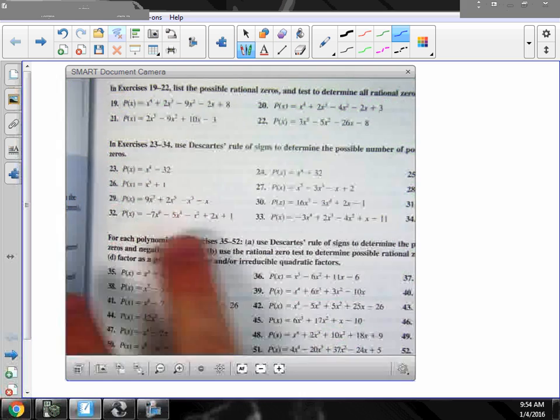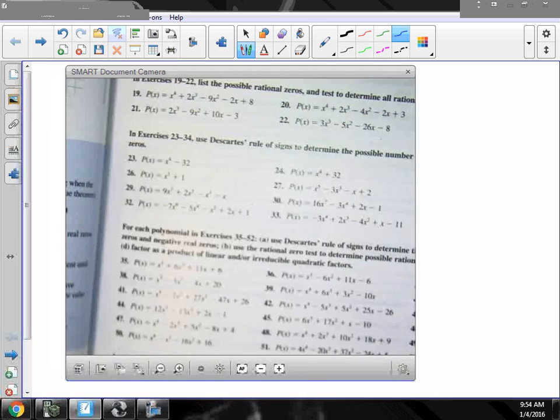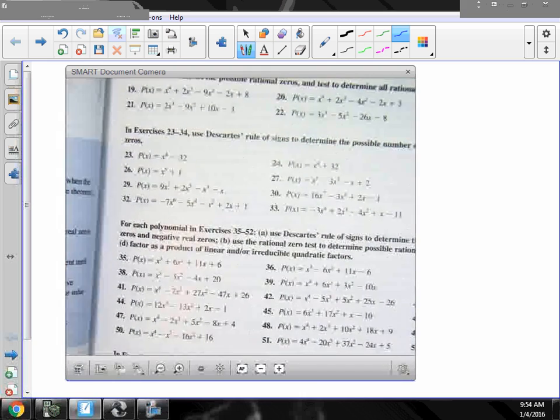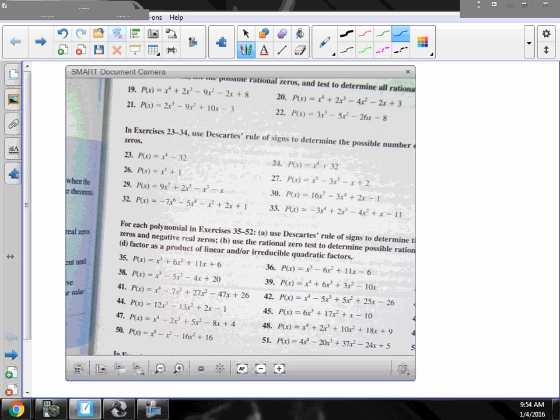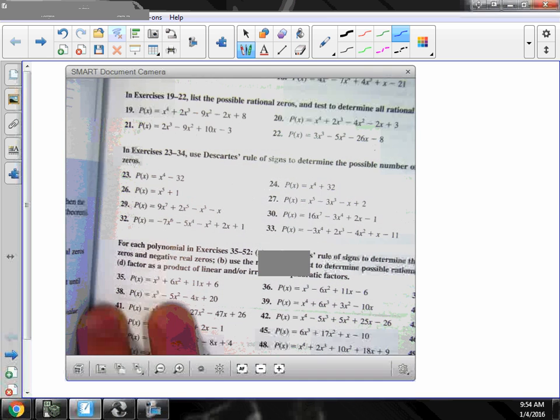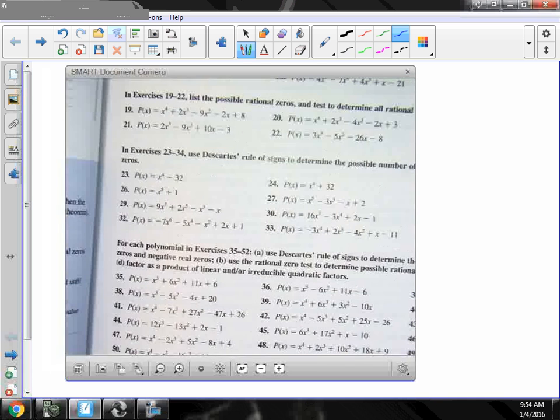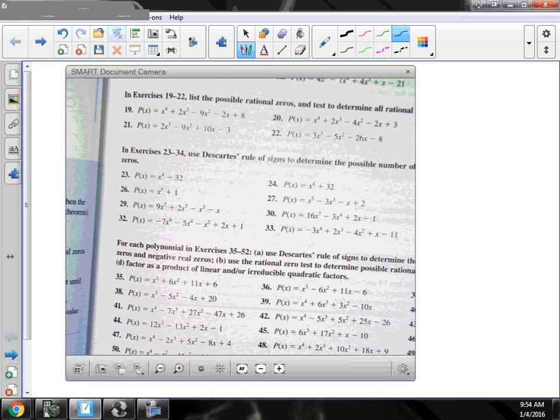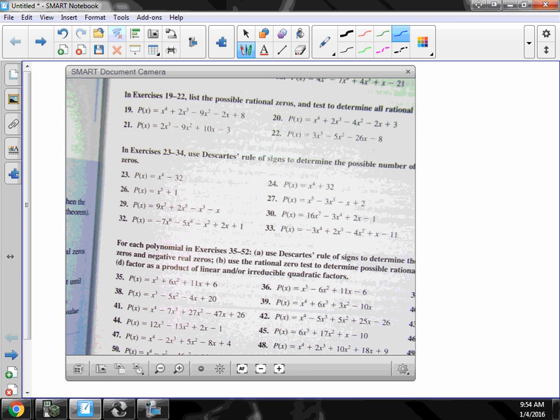Look at 21. Oh, it wants us to determine what they are. Sorry. Okay. So list the positive. Oh, I'm doing this wrong.